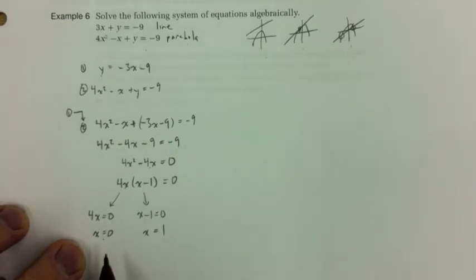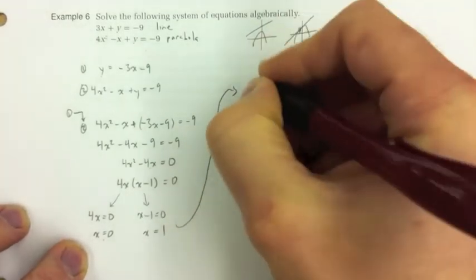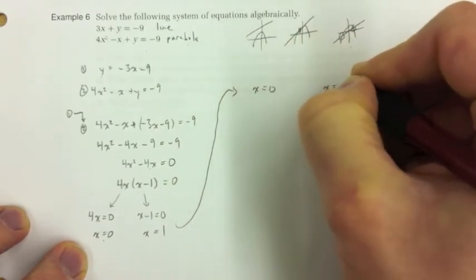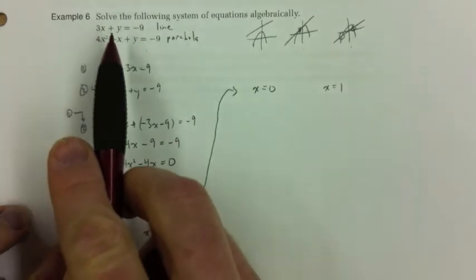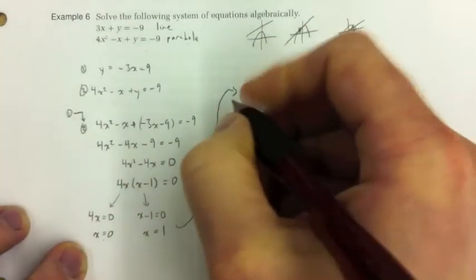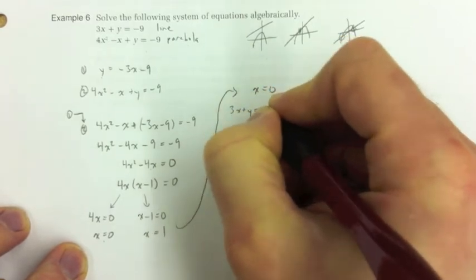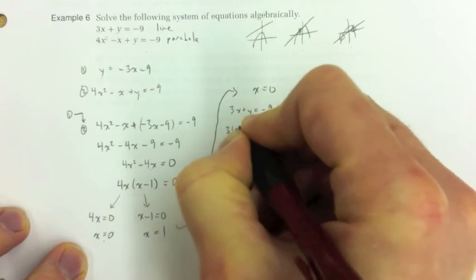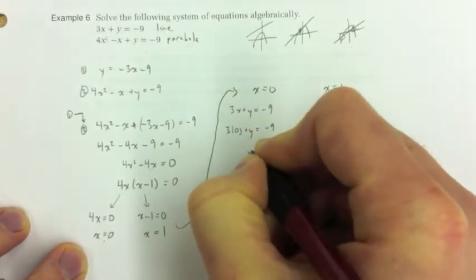We need to find the associated y values that go with these two solutions. So let's go up here. We've got x equals 0 and x equals 1. Let's use our linear equation, 3x plus y equals negative 9, to figure out our y coordinates.